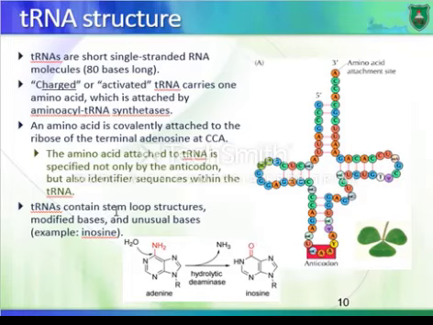I don't think you need to know exactly what kind of modified bases, their positions, and what they exactly do in each tRNA. I need you to know only that we have some modified bases and unusual bases. Also, we have the stem loop structure. We need to know the general structure of the tRNA only.